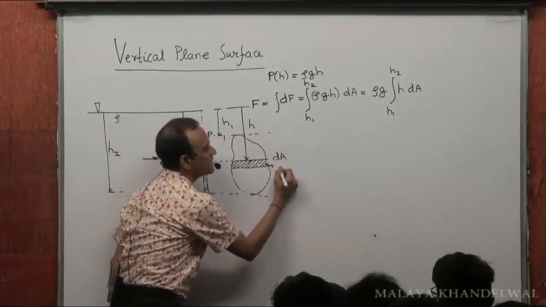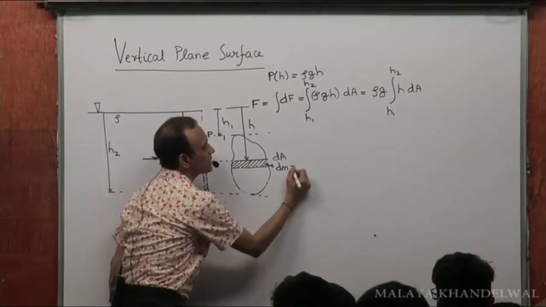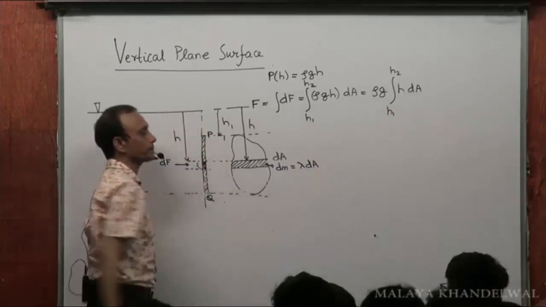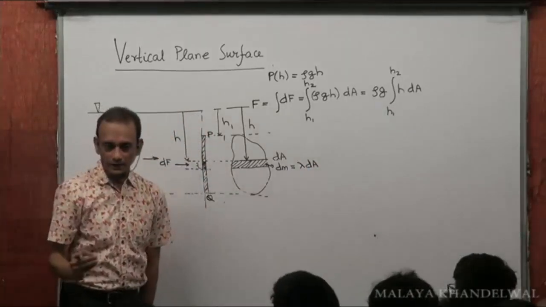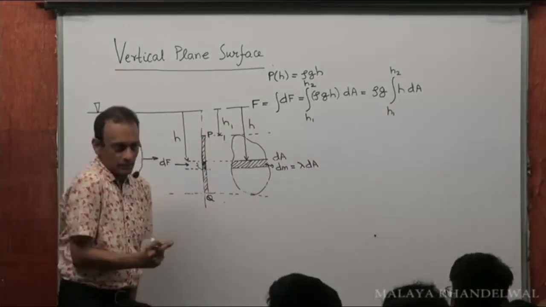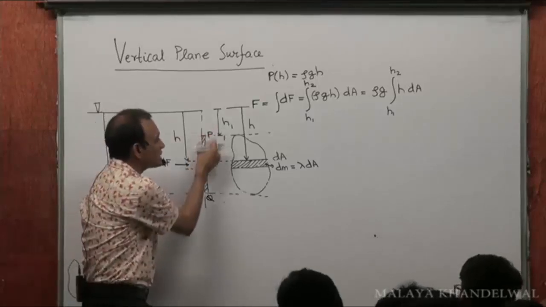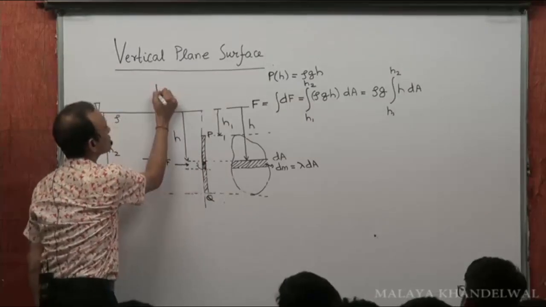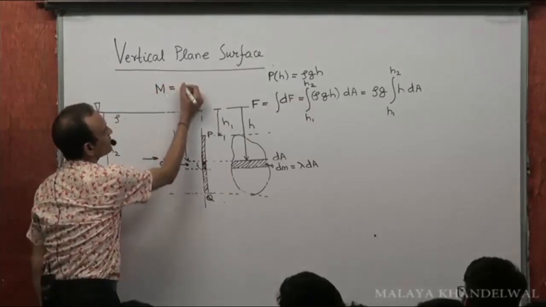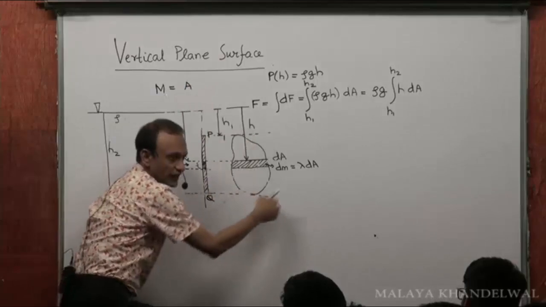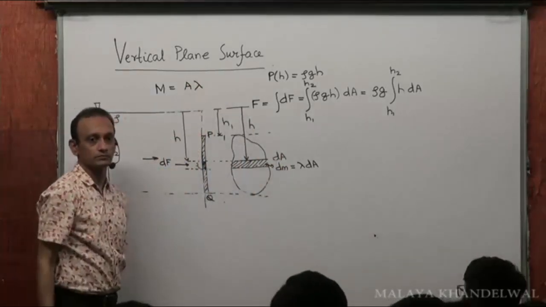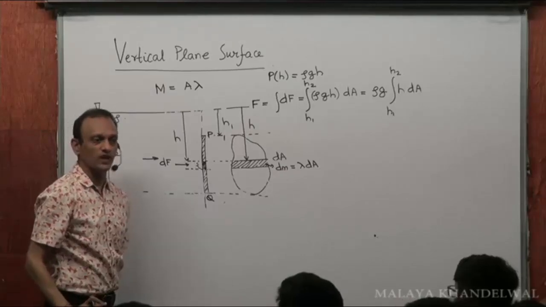Its mass dm would be some constant lambda times the area dA, right? This lambda will remain the same because the thickness is the same. The total mass of this surface would be the total area A into lambda. Yes or no?